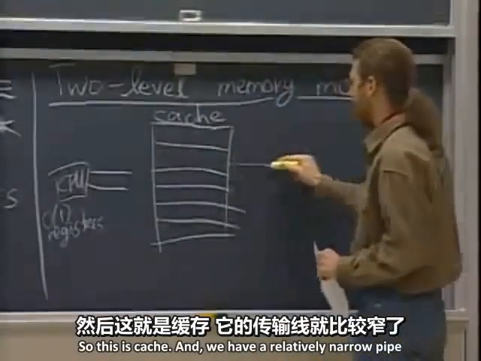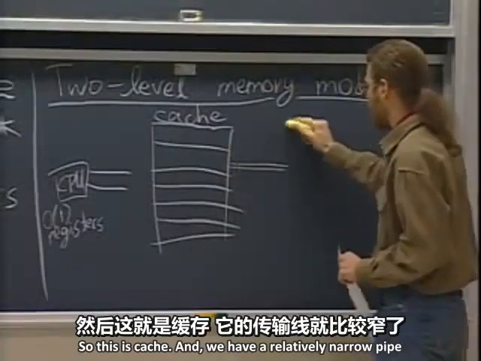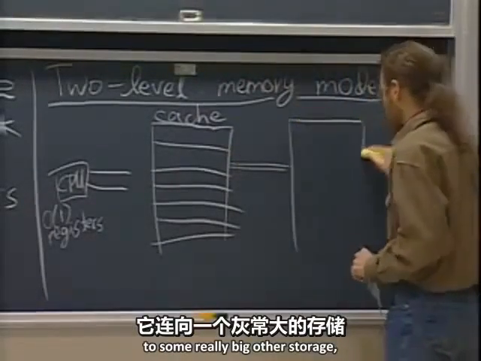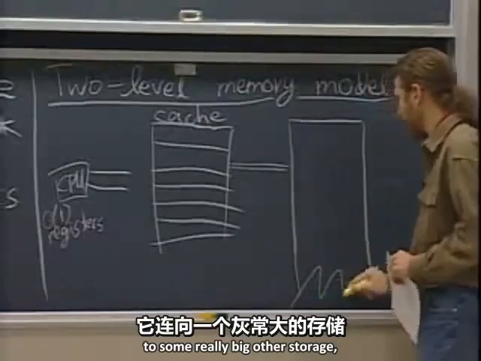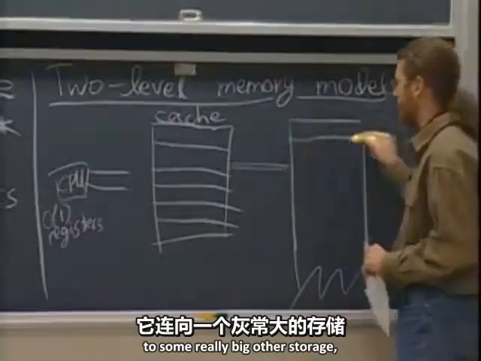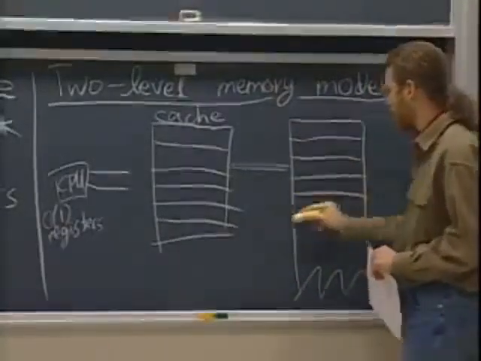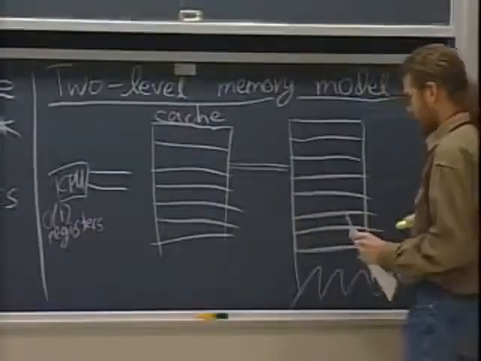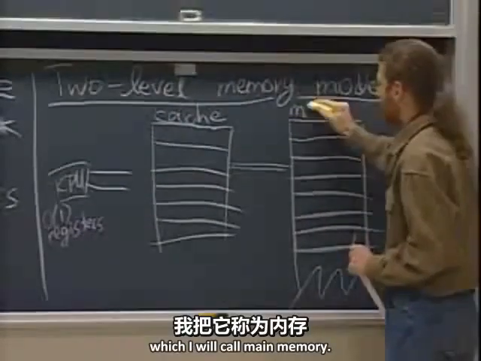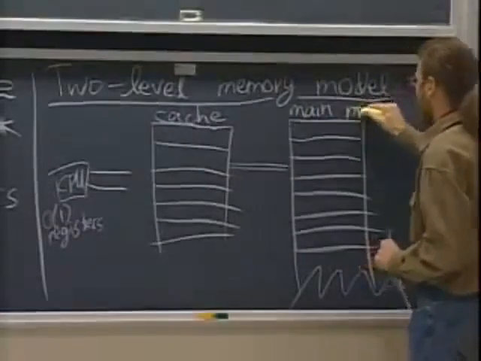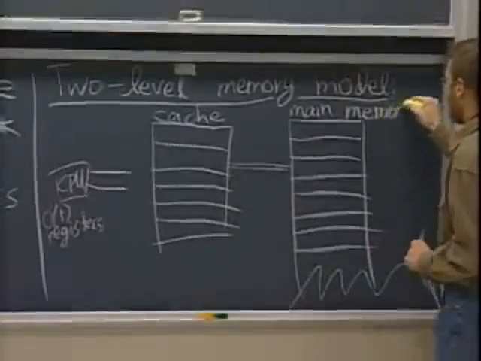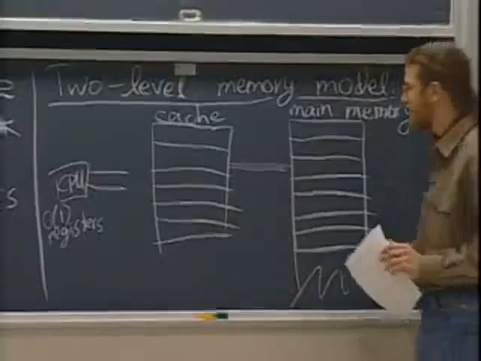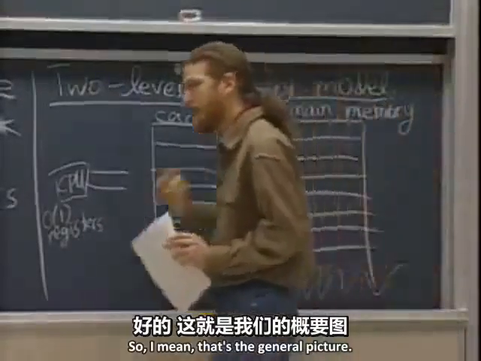And we have a relatively narrow pipe to some really big other storage, which I will call main memory. That's the general picture.